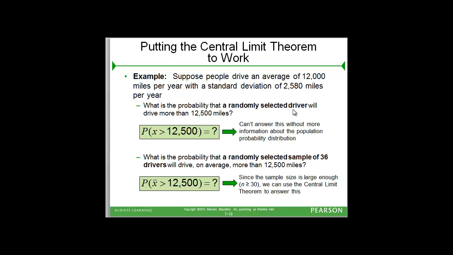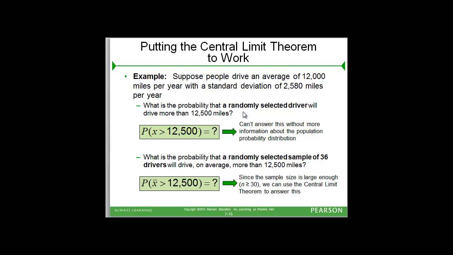Okay, now let's see how we use this central limit theorem to help us get to know the population from the sample. For example, suppose people drive an average of 12,000 miles per year with a standard deviation of 2,580 miles per year.